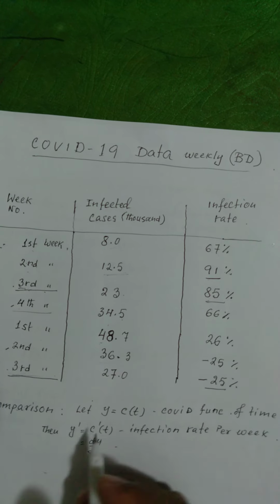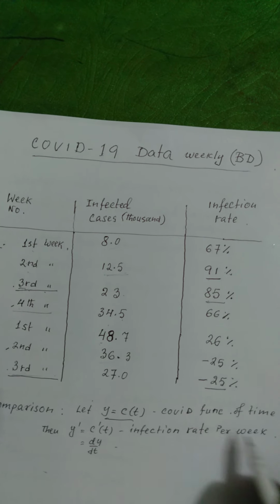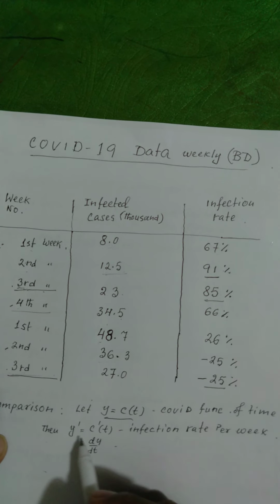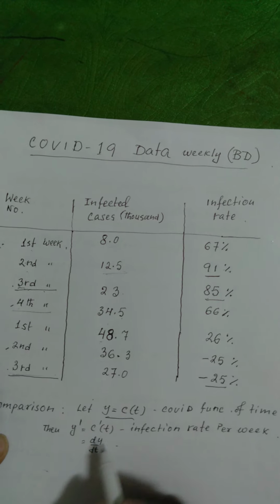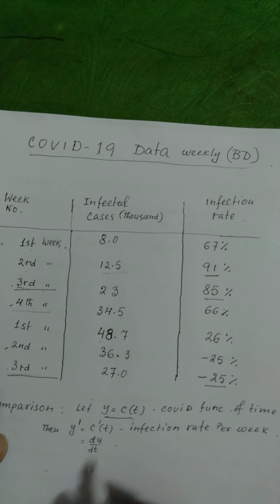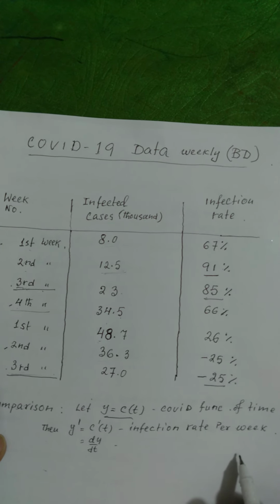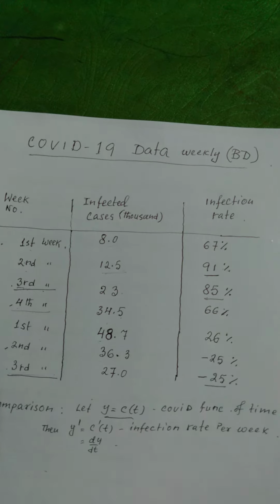So if we let y equal c of t, the COVID function of time, then the infection rate is defined as the derivative, that is c prime of t, that is dy by dt. Yes, infection rate per week. Depending on that, we can make a decision.